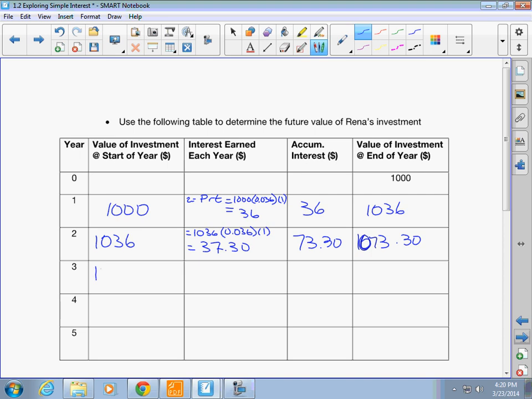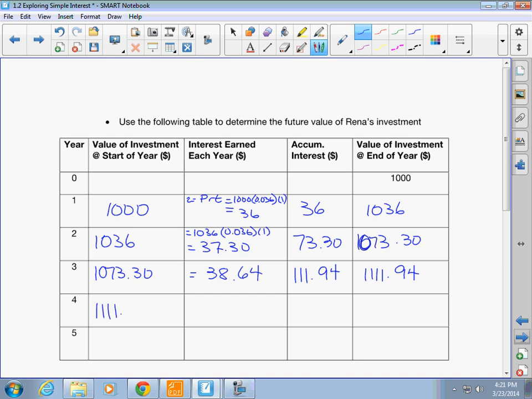She starts out year 3 at $1,073.30, so her interest is $1,073.30 times 0.036, so she would earn $38.64. If we add that on to our $73.30, she's got $111.94, so her total would be $1,111.94 at the end of 3 years.